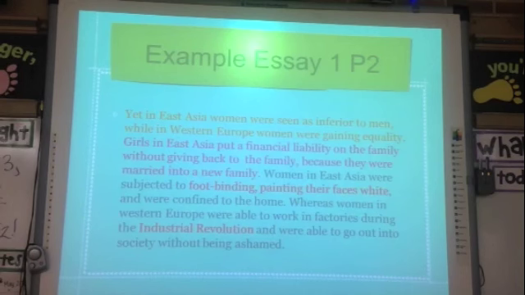And they said girls in East Asia put a financial liability on the family without giving back to the family because they were married into a new family. And also they added a few more points of historical context so that they would earn their historical points.